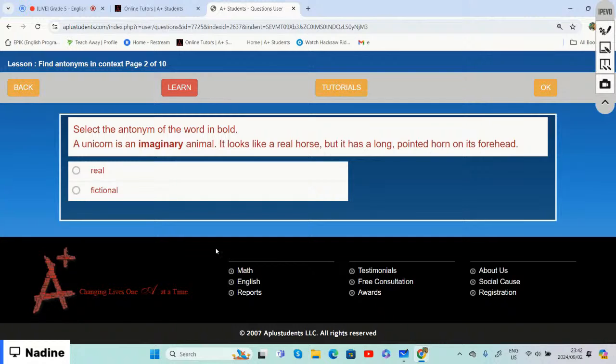All right. And now it says a unicorn is an imaginary animal. It looks like a real horse, but it has a long pointed horn on its forehead.